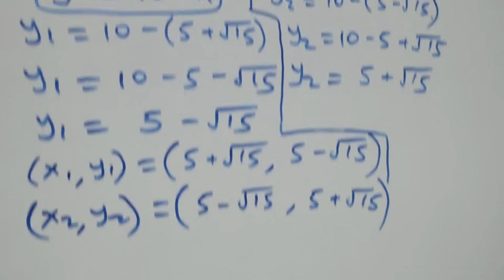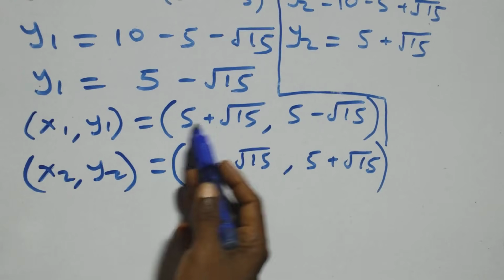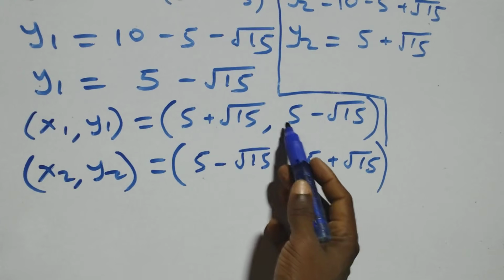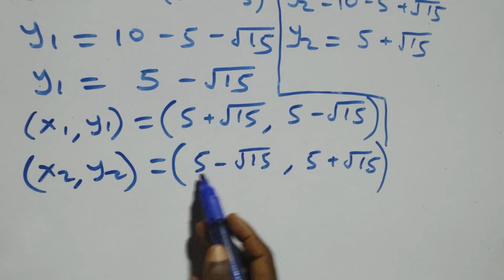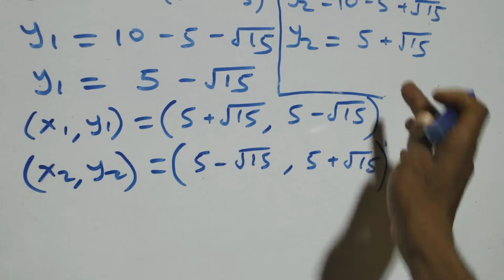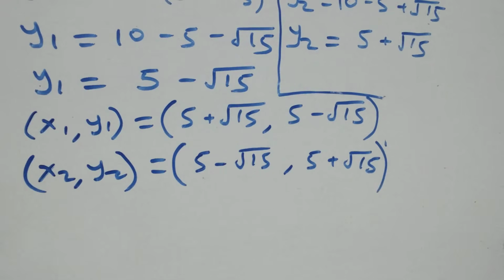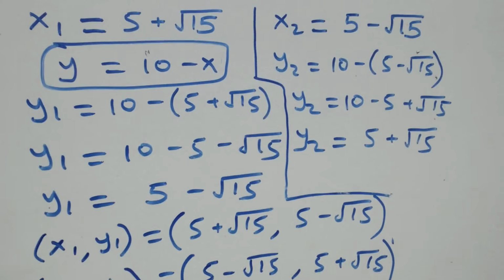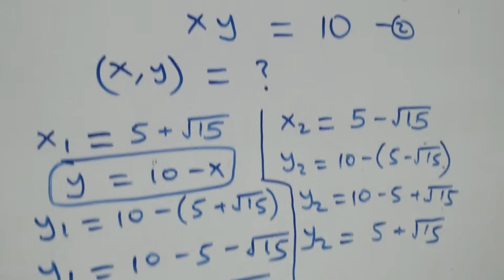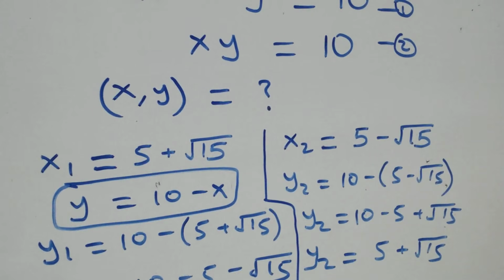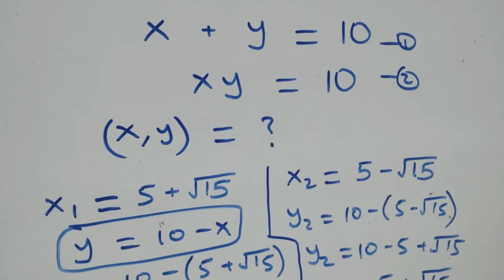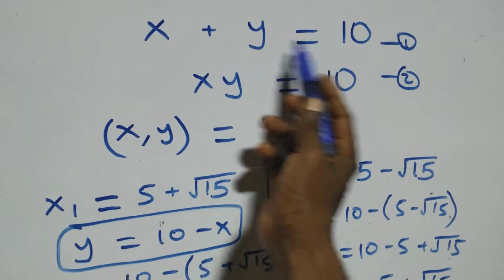Now, when we consider this, the value of x here is the value of y here, and the value of y here is the value of x here. So now we can check if this solution satisfies the given problem. Using any of the given solutions in equation 1, we have x plus y equals 10.